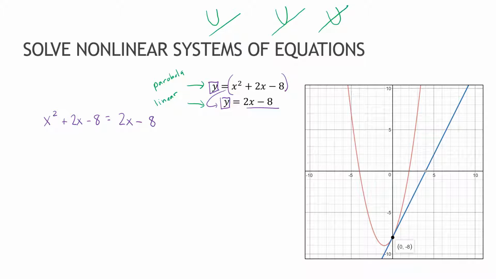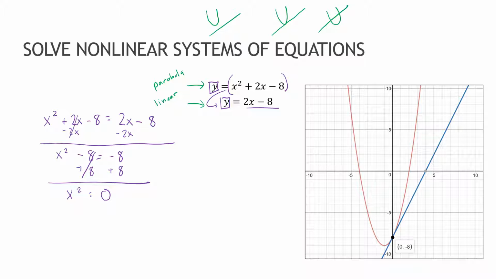From here, I'm just going to solve, and this is a quadratic, and in order to solve a quadratic, I'm going to get everything to one side of the equation. So I'm going to subtract 2x from each side, and if you'll notice, something peculiar happens. That goes away. And then if I add 8 to each side, something peculiar happens, and that goes away. So I actually just have x squared equals 0.